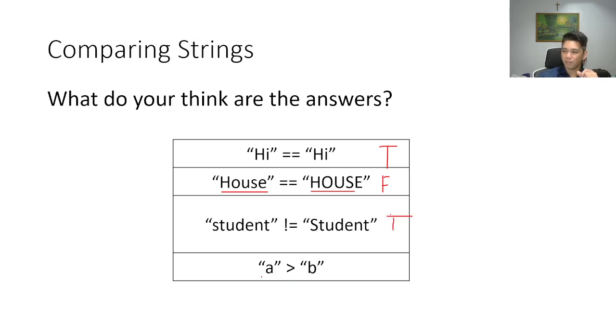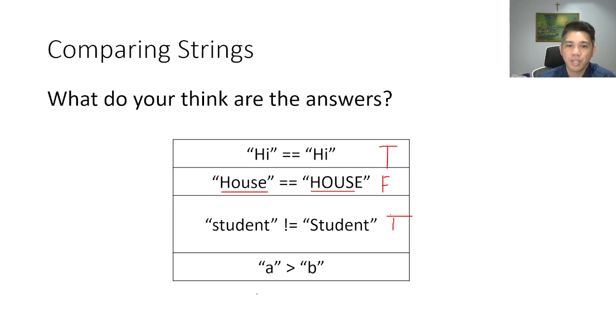Now, for the last one, A greater than B. With all honesty, I don't know the answer to this because I am not comparing strings using a greater than or equal sign. And why is that? If you've noticed, strings are not numbers, right? So how can we determine which is bigger, which is smaller if they are not numbers?